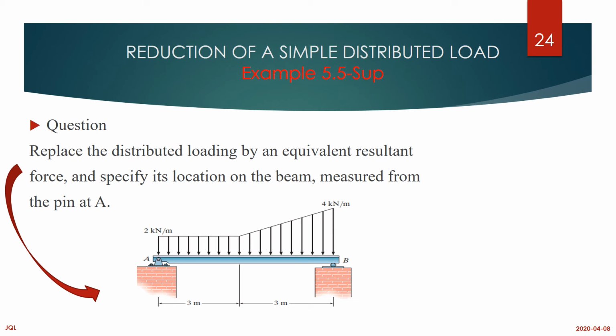Another question. Replace the distributed loading by an equivalent resultant force and display its location on the beam measured from point A, measured from the pin at A. This is the same scenario.